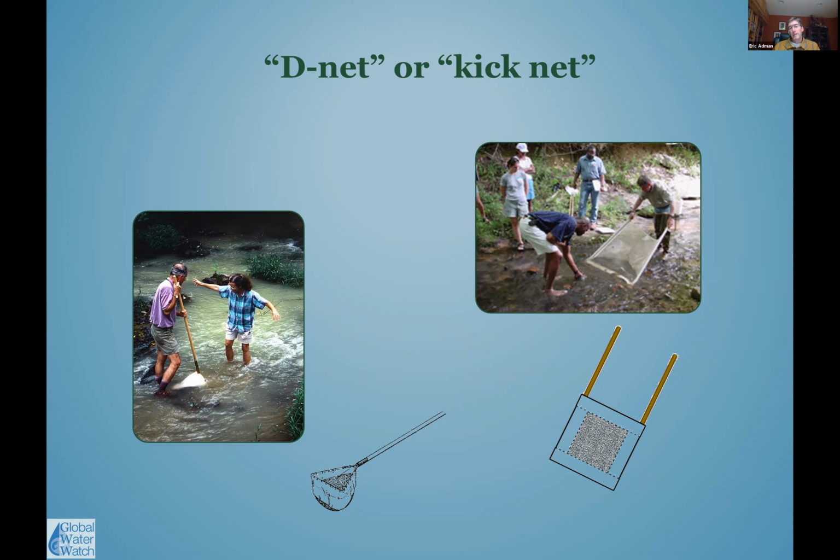The mouth of the net is shaped like a letter D, and you place that on the bottom of the stream and you could stir up the bottom in front of it, or you could use a larger net, which allows you to stir up a little bit larger area in front of the net and then collect your sample. So those are a couple nets that we use.